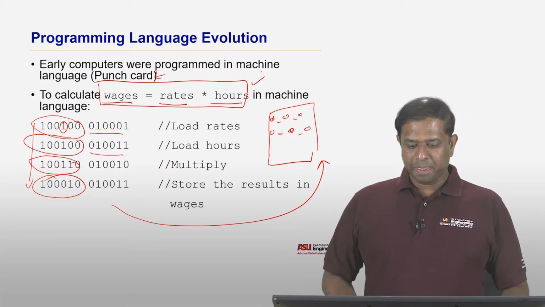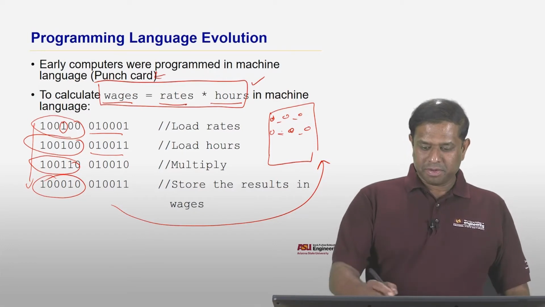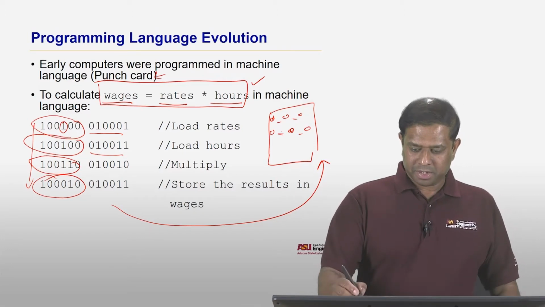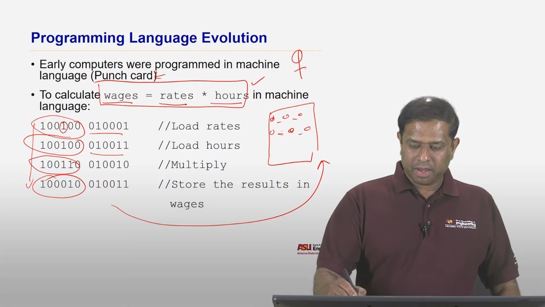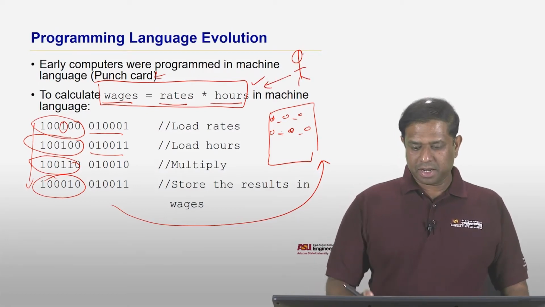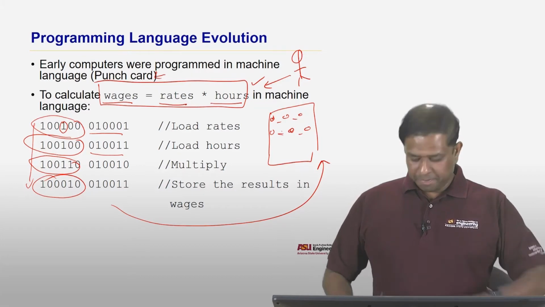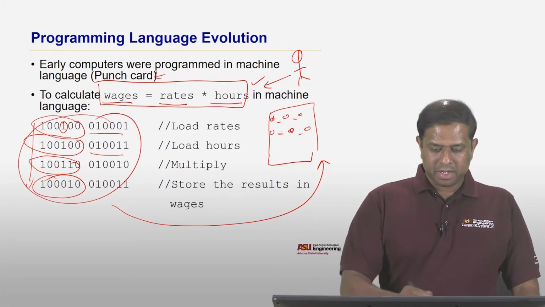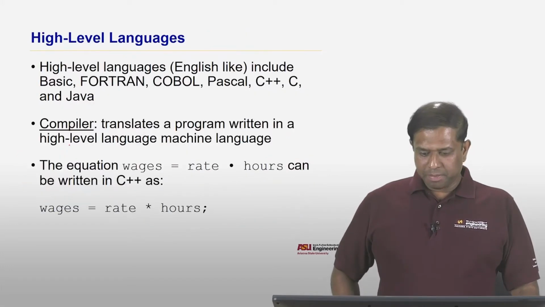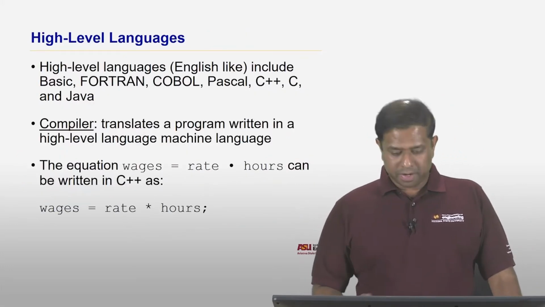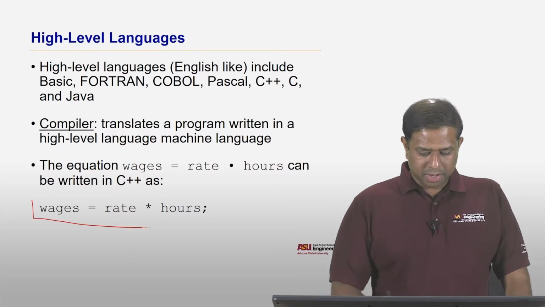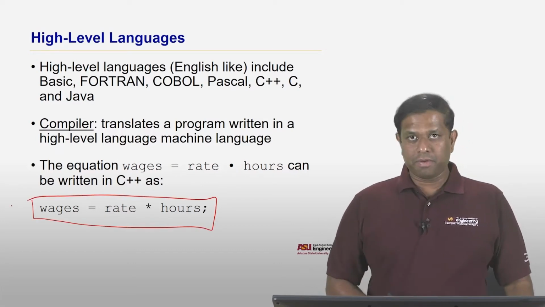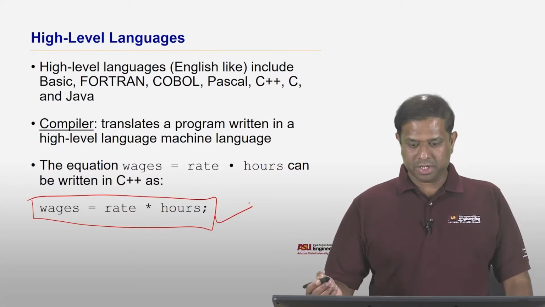For us to write a program, it would be much easier if we have a mechanism where instructions are written in a format that humans like us can understand. So rather than writing a program in machine language like this, we would like to write a program in a high level programming language where instructions can be written in human understandable format.